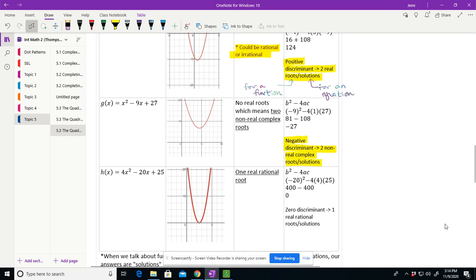And that occurs when my discriminant is 0. So a 0 discriminant means I have one real solution. And that solution could actually be rational or irrational. I'm going to delete this. You might need to change your notes a little bit. One real root or solution. In this case, it is rational, but it doesn't have to be.